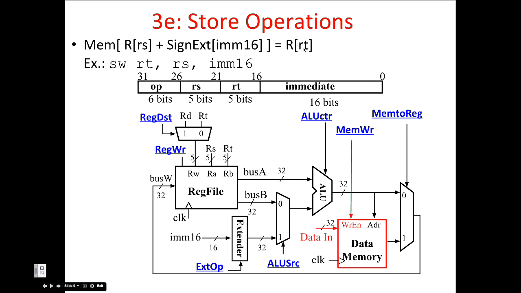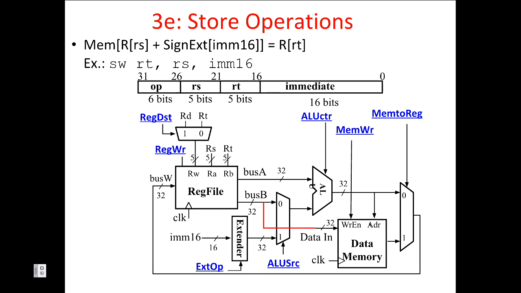Right here, R of RT gets stored into memory. So now we need to get the value read from RT. Fortunately, we are always reading the value from RT. RB is always getting fed RT, so bus B always has the value read from register RT. So all we need to do is draw a little line from bus B to data in to get that value.